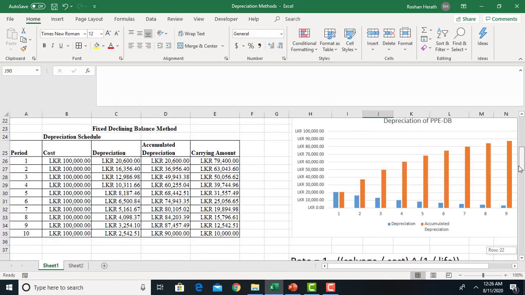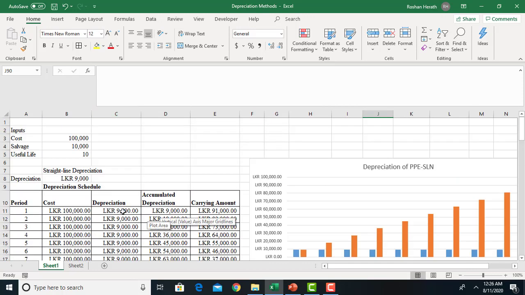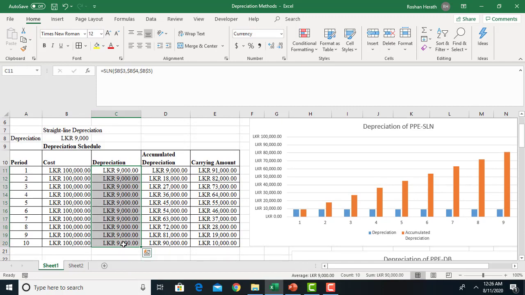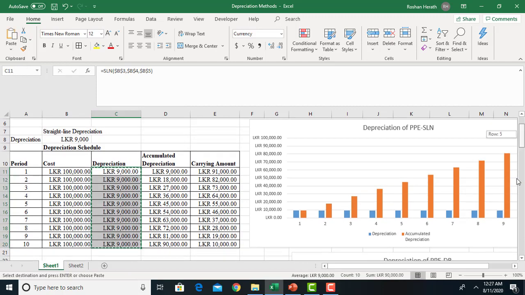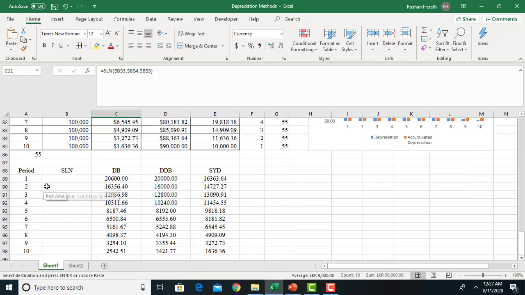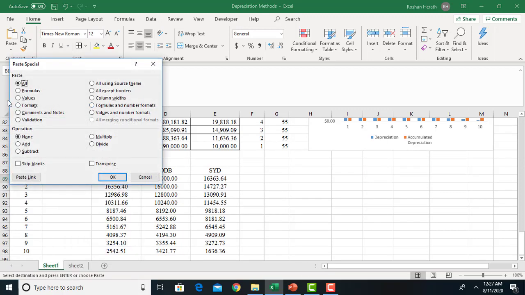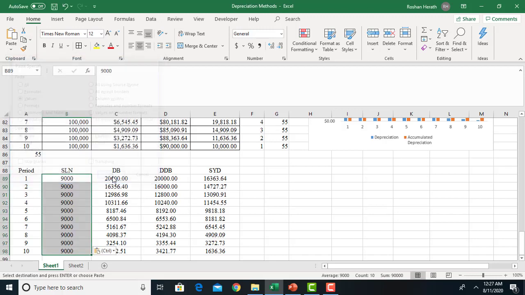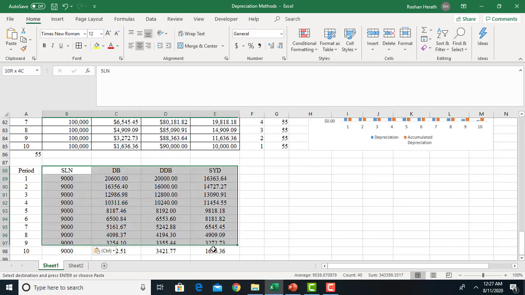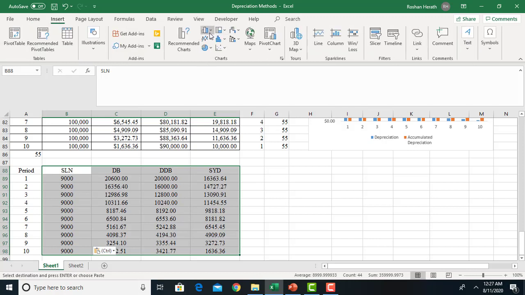Then the straight line method, so we have taken that. Okay, now we have everything. Now we may take a comparison. So let's take it to a bar chart and see.